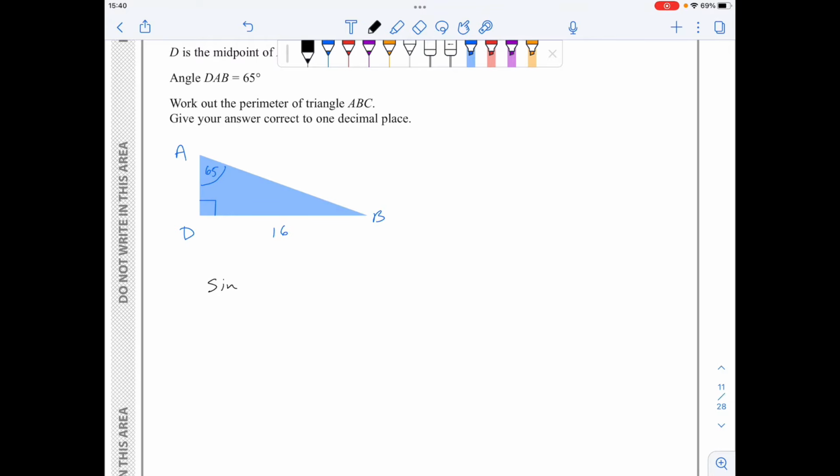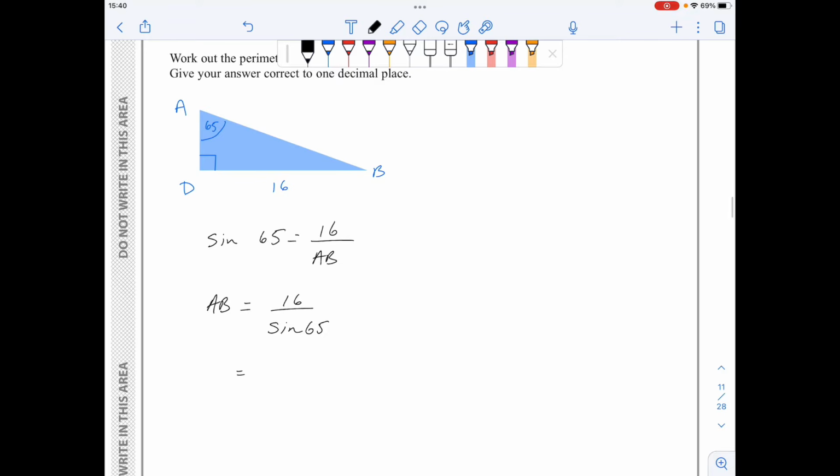So sine of 65 is equal to opposite, which is 16, over the hypotenuse, which is AB. So AB is equal to 16 over sine 65. This will come out to be 17.65 and so on.